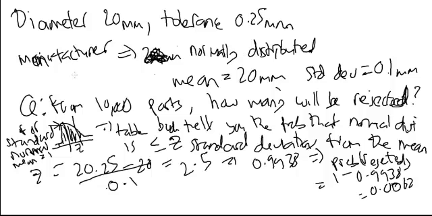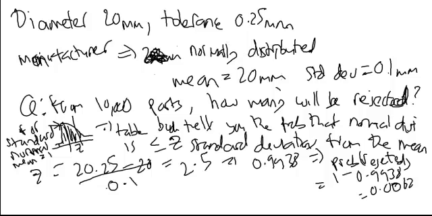Now there's one extra, or one catch. This is the main mistake that you're likely to make. Firstly, you need to work out how many standard deviations I am interested in. My tolerance is 0.25 millimeters, so anything greater than that is rejected.